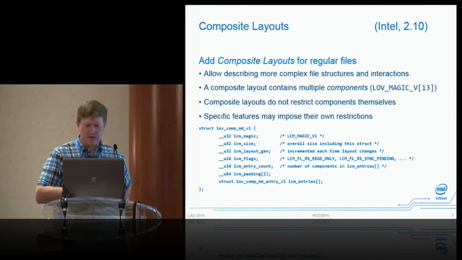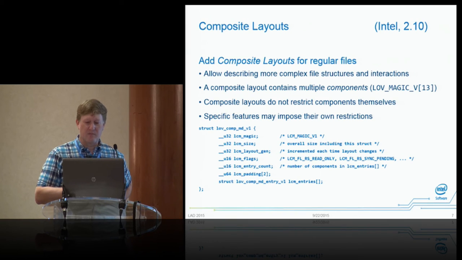The more interesting thing that's coming up is a project called Progressive File Layouts that we're working on with Oak Ridge National Lab, and it's really part of a bigger project related to layout enhancement. So currently today Lustre only supports RAID 0 striped files, and that's fine for the throughput area.